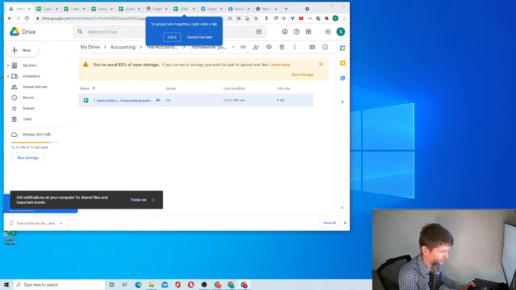Or you can keep it in Excel on your local computer. But if you keep it online, it will make your communication with your team much easier, and it will make it easier for me to go from time to time and make some reviews.